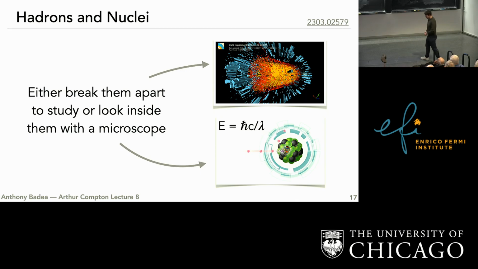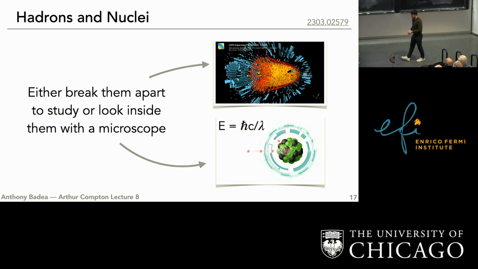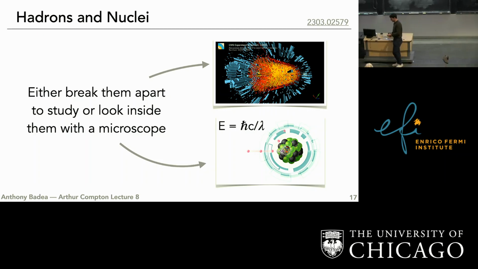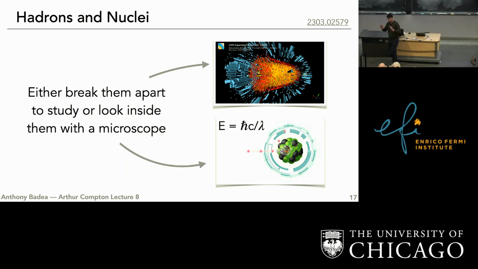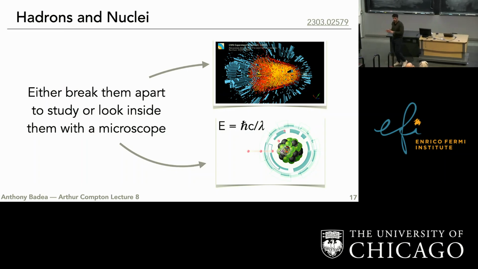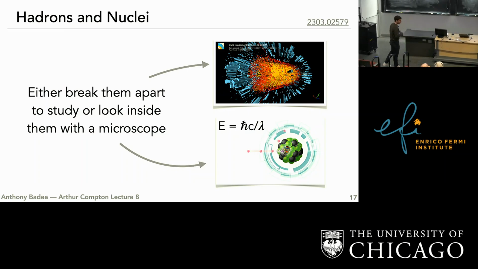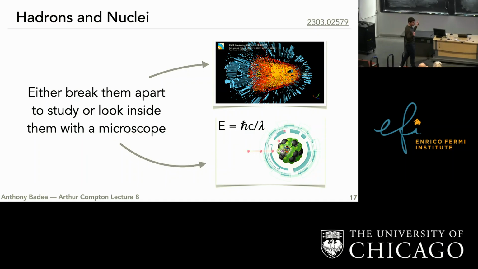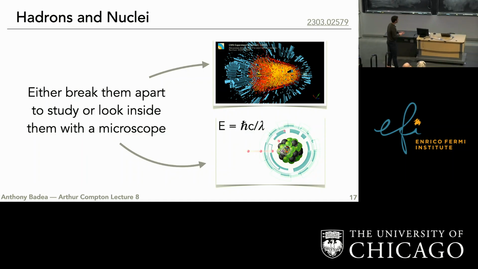And of course, this is an entirely other area of research. For unfortunate reasons, it's split between particle physics and what is usually nuclear physics. But increasingly, over the next 10, 15 years, I think these fields will really start to merge together again.